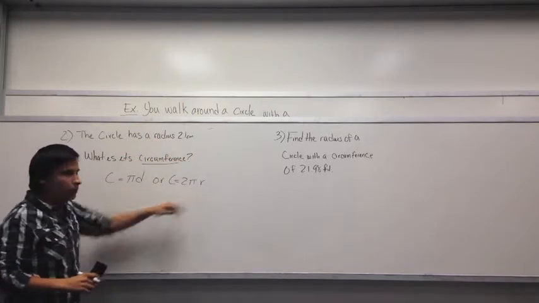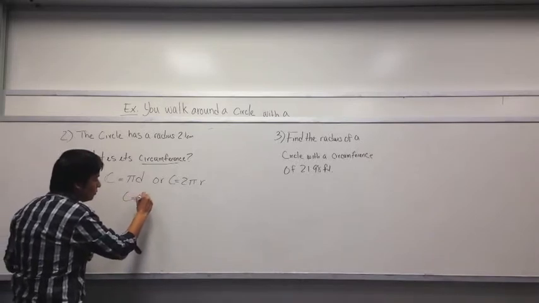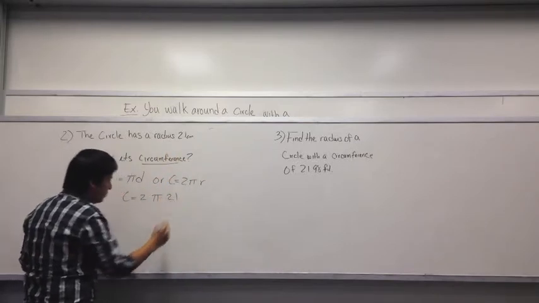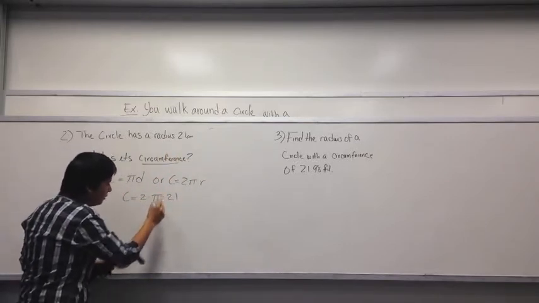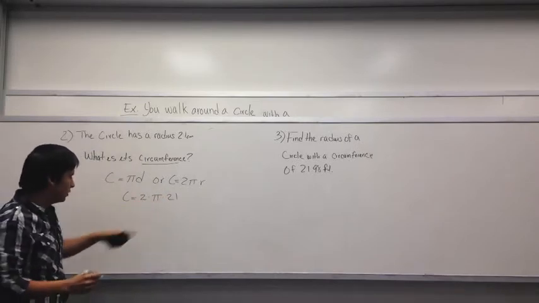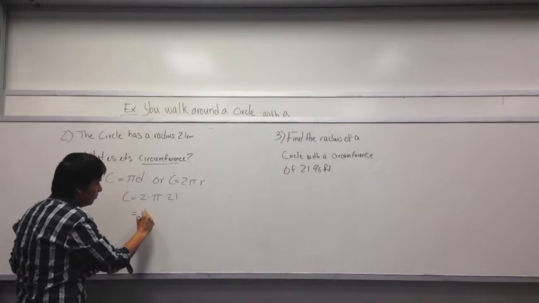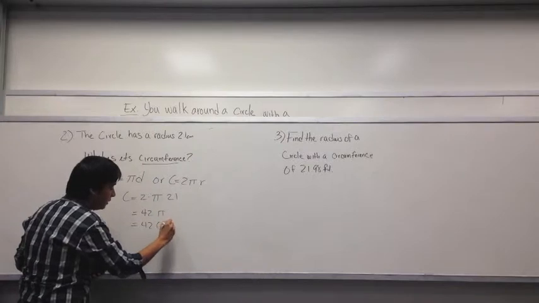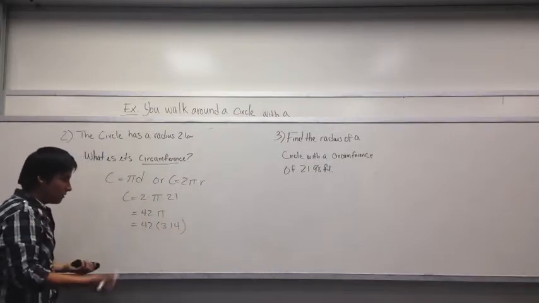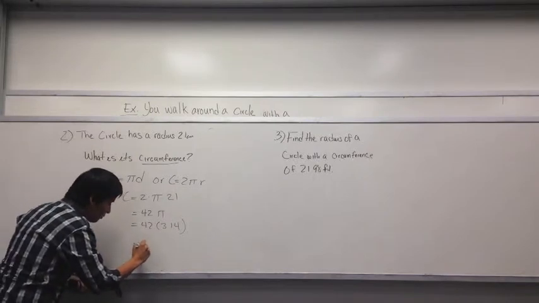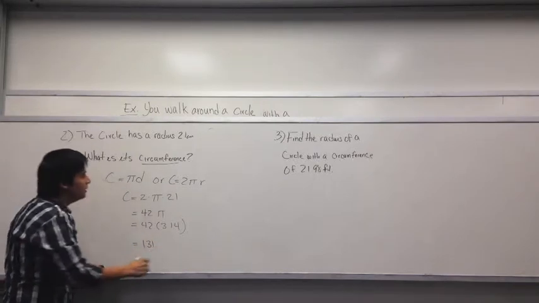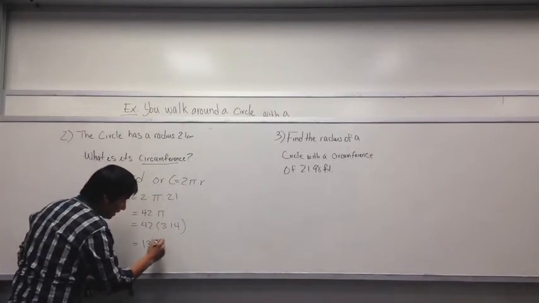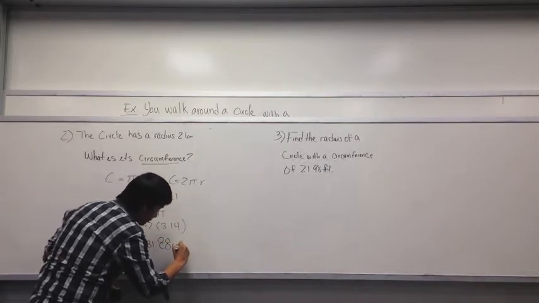So C is equal to 2 times pi times 21. We're multiplying all three numbers, so we can multiply 2 times 21, which is 42, times pi, or 42 times 3.14. If we multiply using our calculators or by hand, we get 131.88 centimeters.